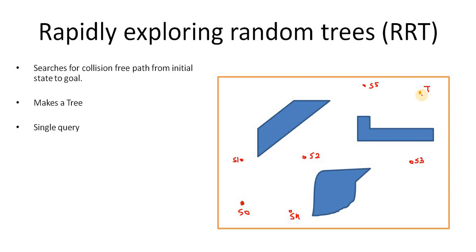A single query. This is one of the disadvantages of the RRT algorithm, that it only offers a single query. Single query means that each operation you can use planning only one time. So once it has planned a path, you cannot use it for finding multiple targets.